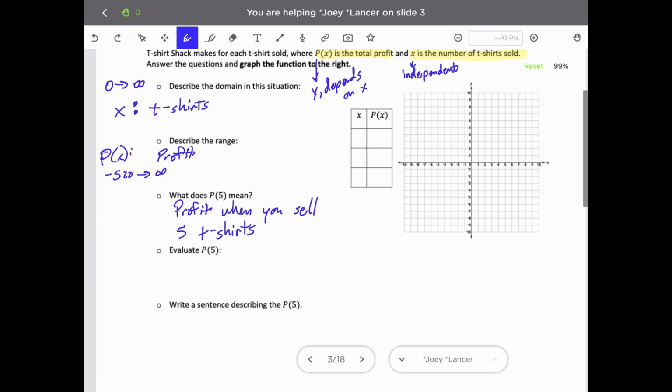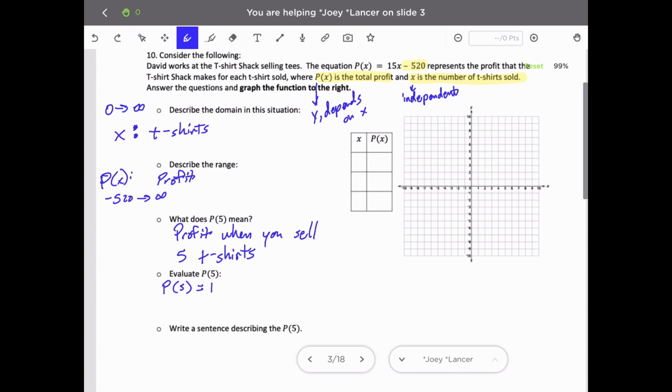Give us that input of 5, and what is P of x at 5? So P of 5 equals 15 times 5 minus 520, which is negative 445.